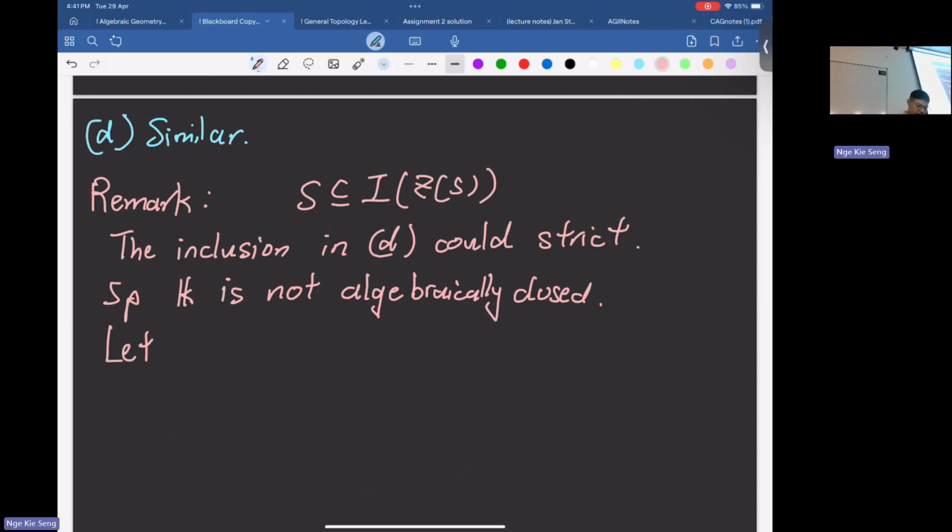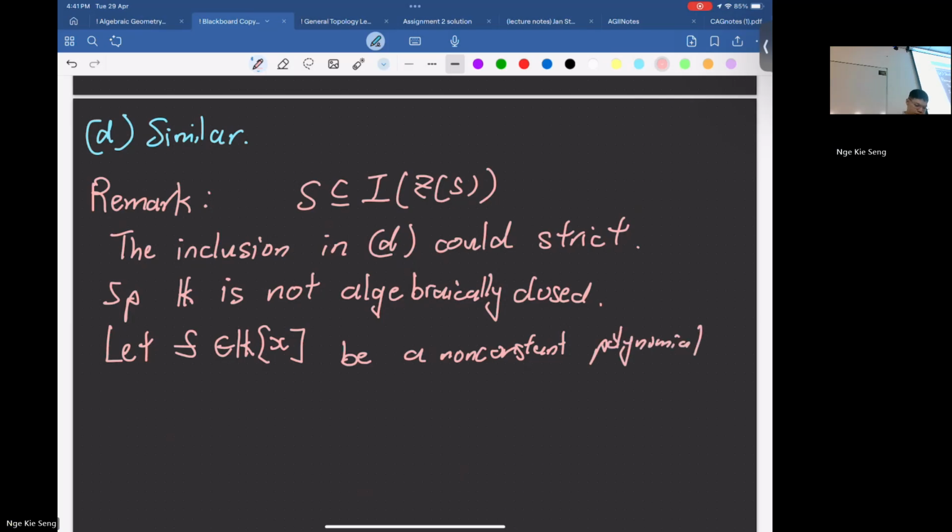We just get a polynomial, a non-constant polynomial F, that doesn't have a root in K, because this K is not algebraically closed.